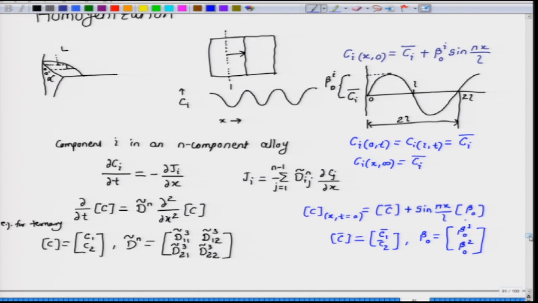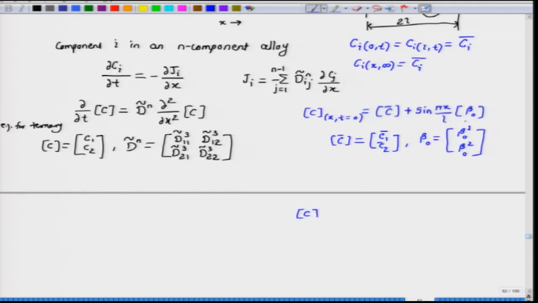Similarly, we can express the boundary conditions in the matrix form as C at x equal to 0 at any time t should be equal to C at x equal to L at any time t should be equal to the matrix of C bar.